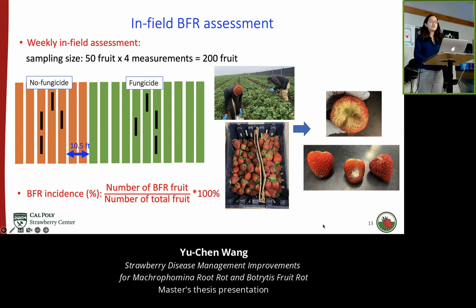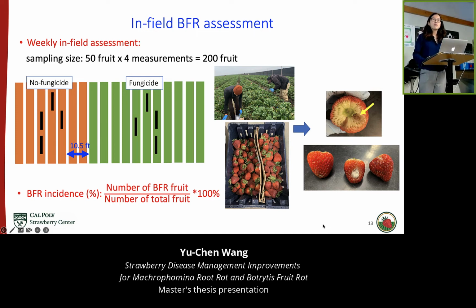For the 7 beds of no fungicide treatment, we didn't harvest at the edge of the field, and we did not harvest right next to the fungicide bed, to avoid any chance of fungicide drift. The black area is where we do the sampling. Right after sampling, we remove the calyx to evaluate the fruit for any incidence of Botrytis fruit rot. This picture shows the initial stage of Botrytis fruit rot just developing underneath the calyx. Then we calculate the Botrytis fruit rot incidence.